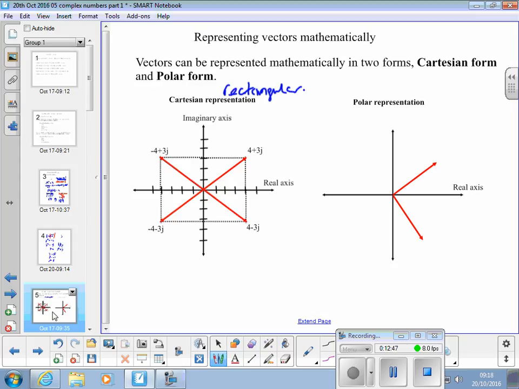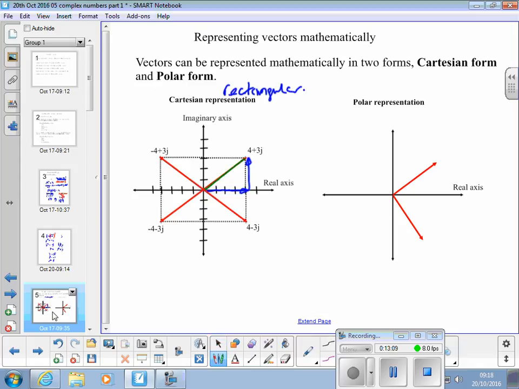And the vector is described in two parts: a real part on the x-axis and an imaginary part on the y-axis. So this is the vector we're looking at here, this line up here.